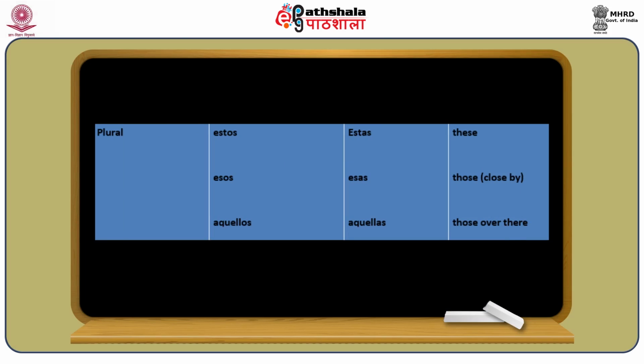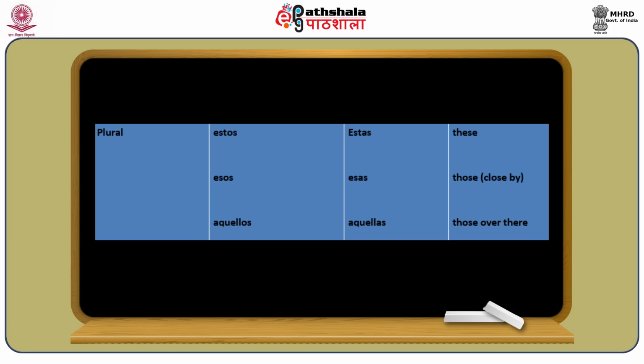And the plural of the same will be, for these, estos for masculine plural and estas for feminine plural. For something meaning those close by, for masculine plural we have esos, and for feminine plural we use esas.